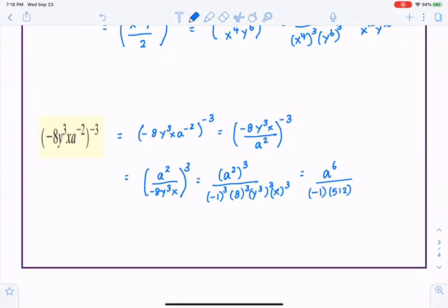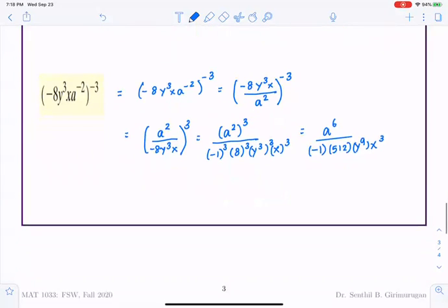Y cubed raised 3 is y raised 9. And x cubed. So we would simply have a raised 6 over negative 512, y raised 9, x cubed, which is the same as saying minus a raised 6 over 512, x cubed, y raised 9.